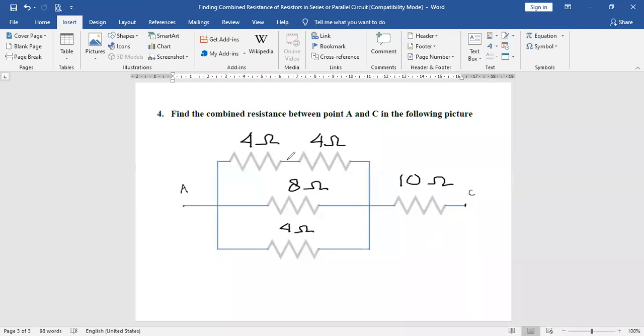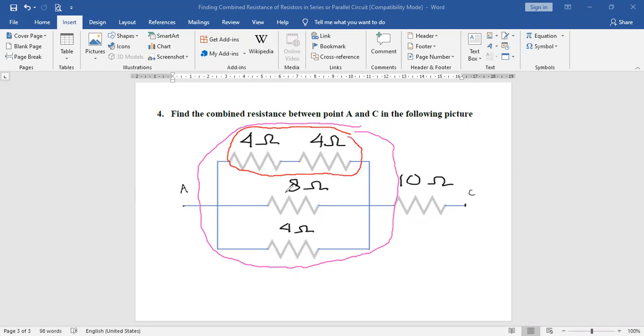So let's start from the complicated one. I think the most complicated one is the parallel one, this one. And this is the parallel, but there is a series in a parallel. This one is the series in the parallel.